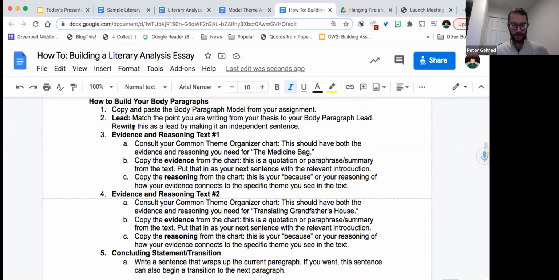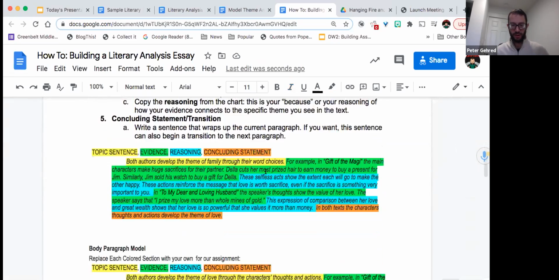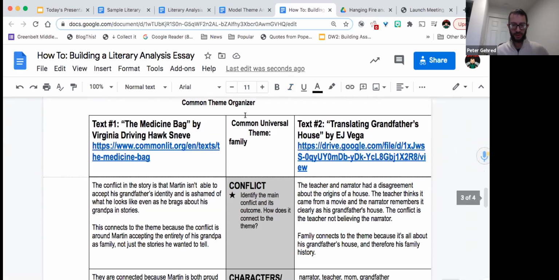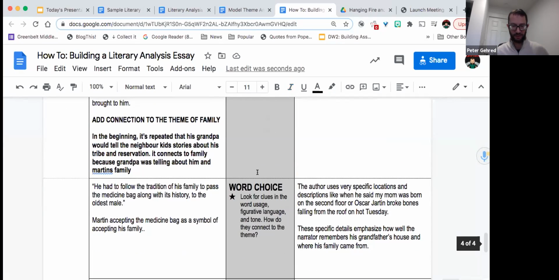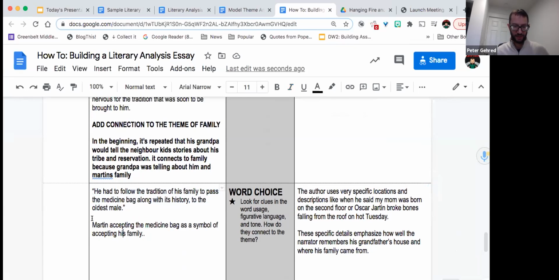Now evidence and reasoning from text number 1. Consult your common theme organizer, which should have both the evidence and reasoning you need for "Medicine Bag." We'll go down to our common theme organizer, and the way this should have been written, we go down to word choice. You should have the evidence at top, and then "because."